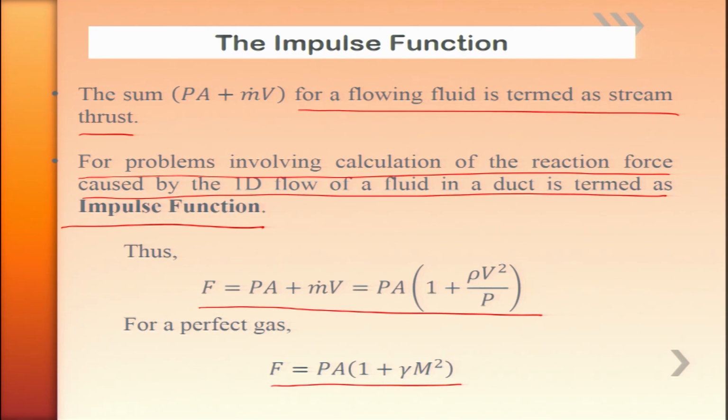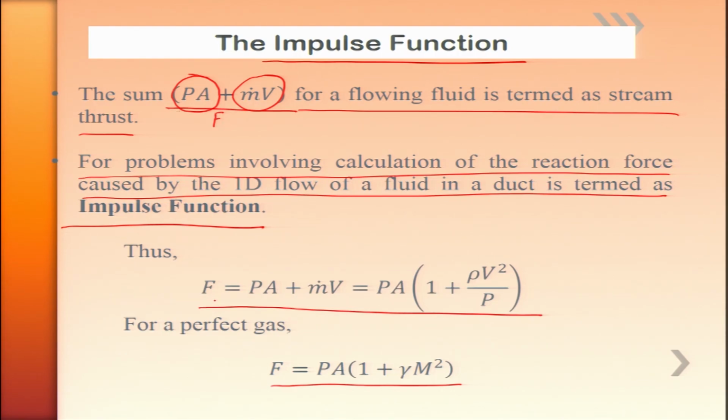In compressible flows, this is given by an important function known as the impulse function. It says that while any compressible flow goes through a duct, the term P into A, that is the pressure into area, and m dot into V, that is the rate of momentum, are together given as an important function F.